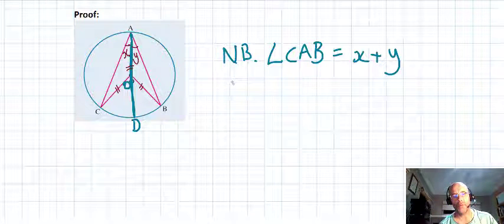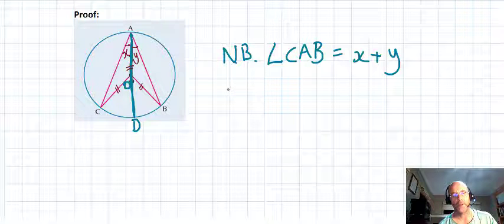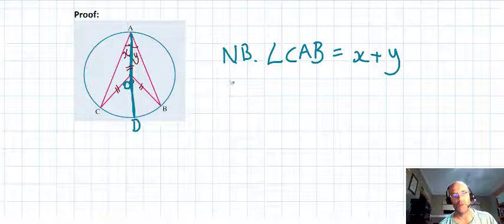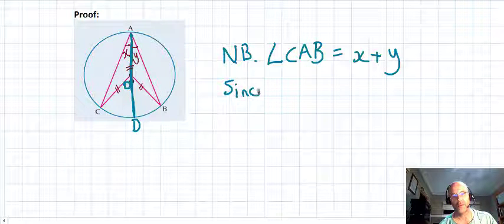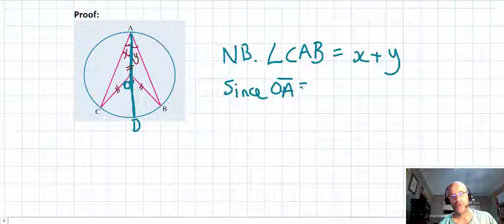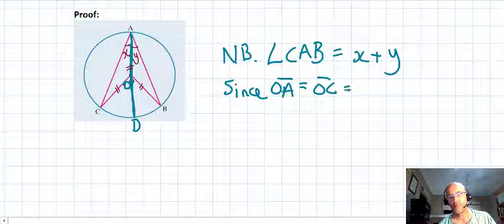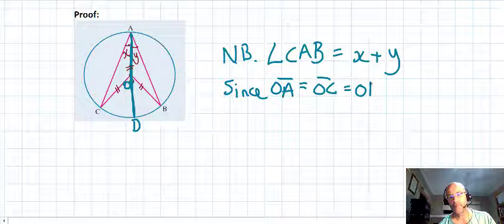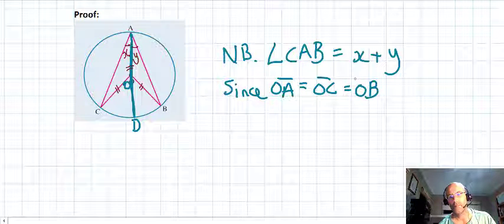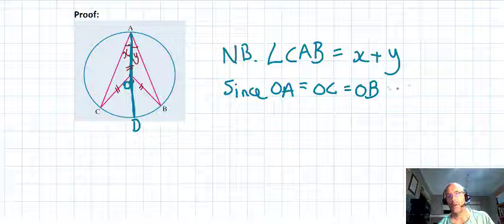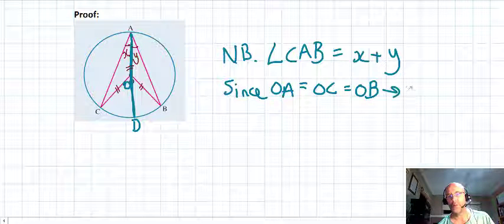Now, you might have noticed I put some notches in there indicating the same length. That comes from this statement here. Since OA equals OC and OB, we have two isosceles triangles formed.